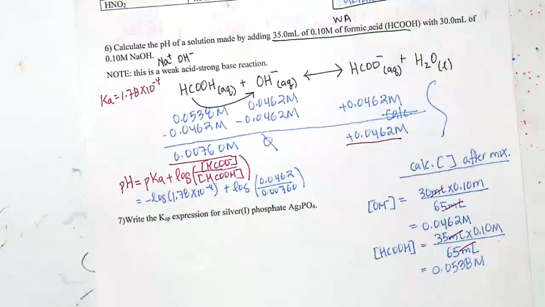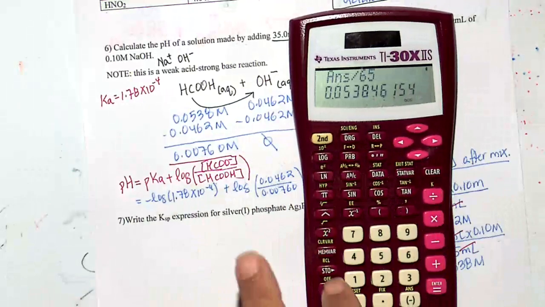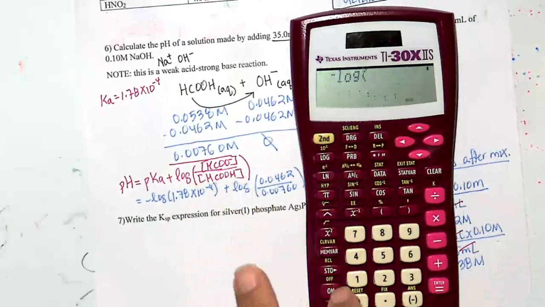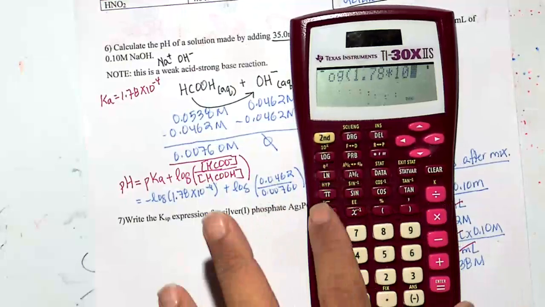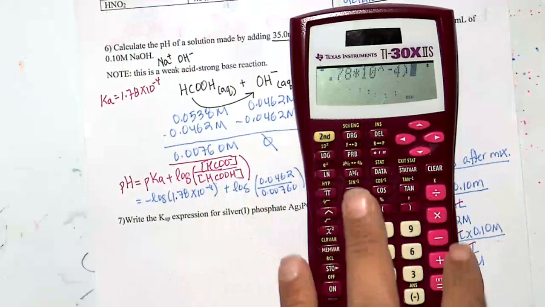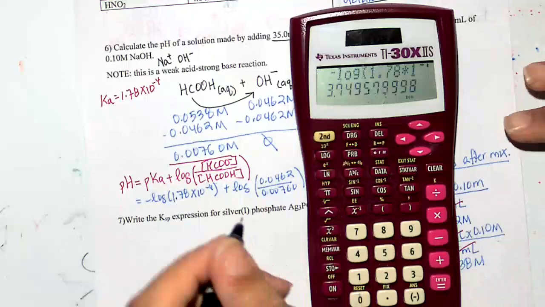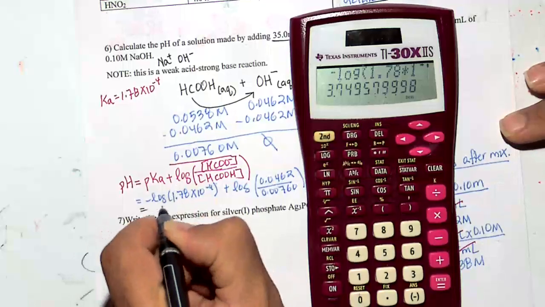I'll just go ahead and tell you what I got on my calculator. Minus the log of 1.78 times 10 to the minus 4 is 3.75.